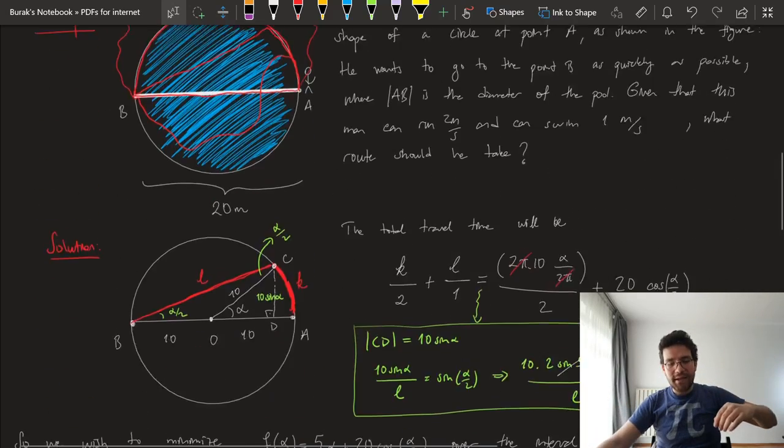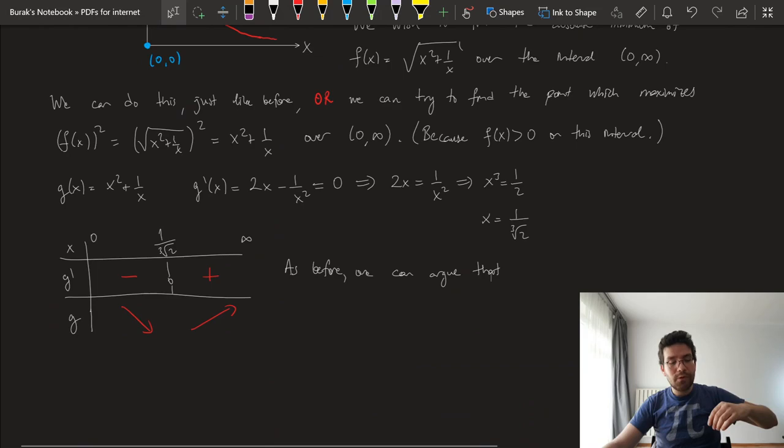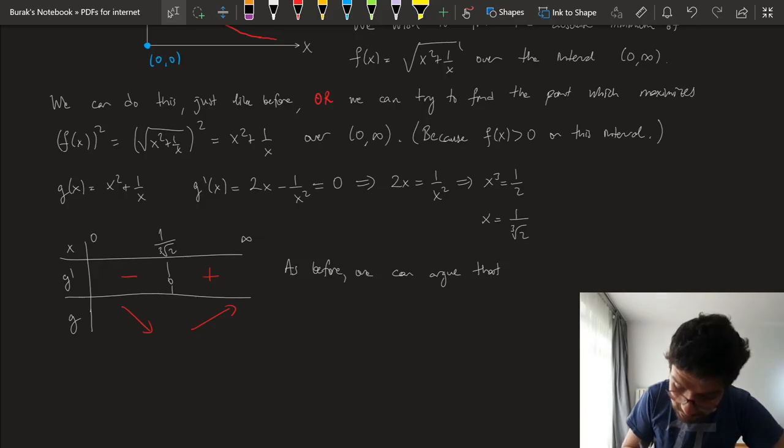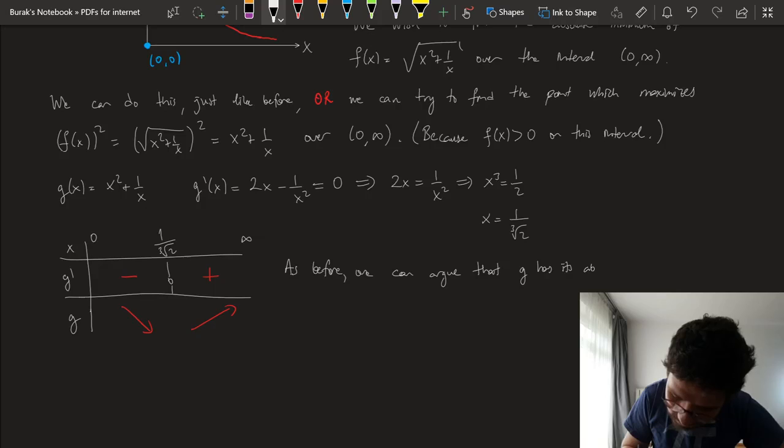Just like that, at this point 1 over cube root of 2, you not only have a local minimum, you actually have the absolute minimum. One can argue that g has its absolute minimum at x equals 1 over cube root of 2.